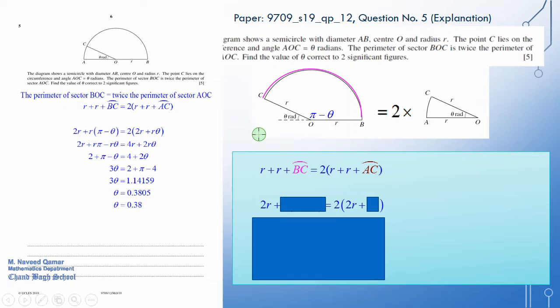In this problem we are given the perimeter of sector OBC is twice the perimeter of sector AOC, and we have to find the value of theta, the angle AOC. For this we need the lengths of arc BC and the length of arc AC.